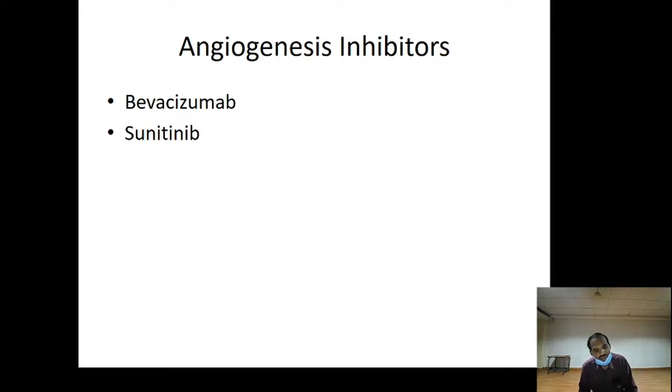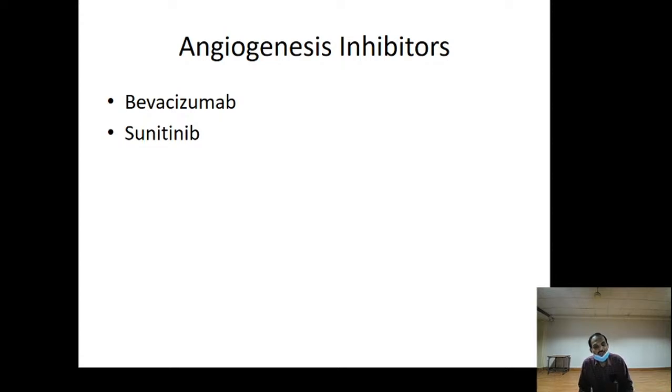So bevacizumab is a direct inhibitor of angiogenesis. It inhibits vascular endothelial growth factor A, and by doing so it interferes with neovascularization, and when neovascularization is not there, the cancer cells, which have a huge need for blood supply, will die because of lack of oxygen and nutrition.